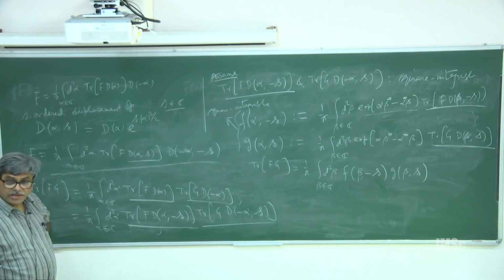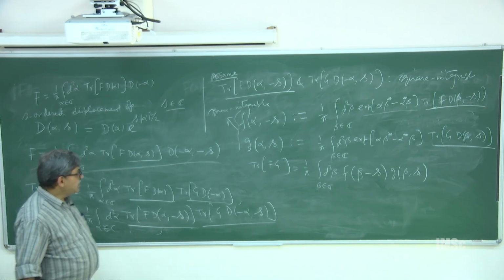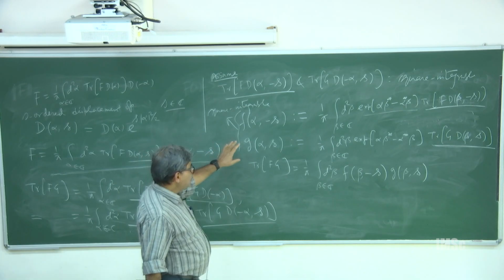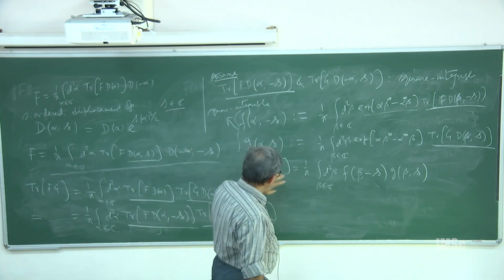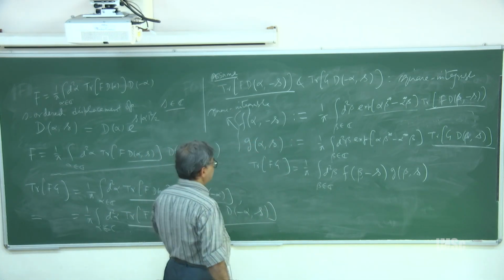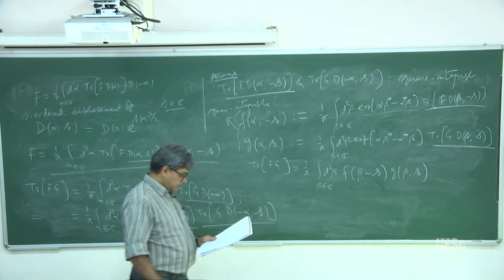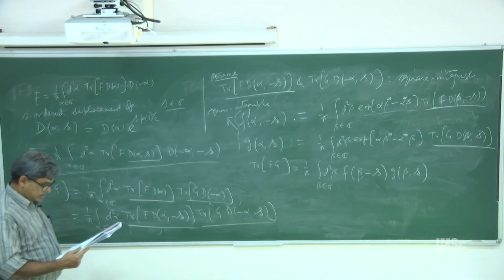Is that okay? I mean, you just use the properties of Fourier transform. So, this one is the same as this one.